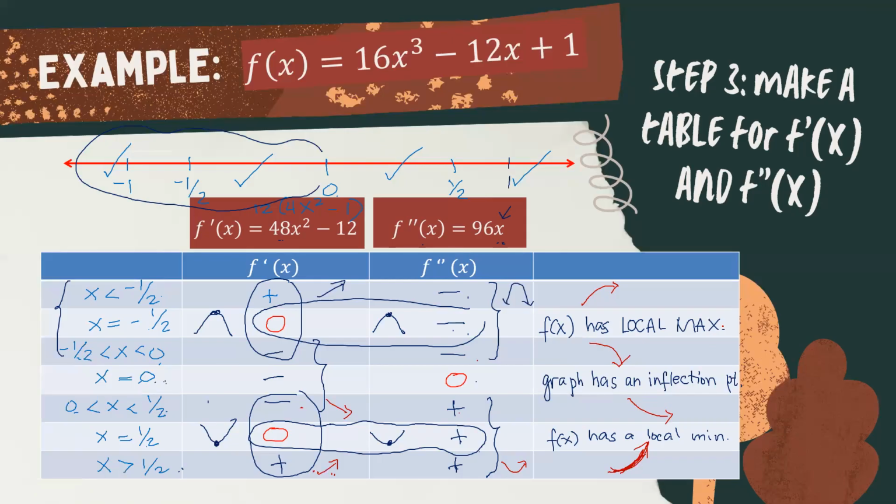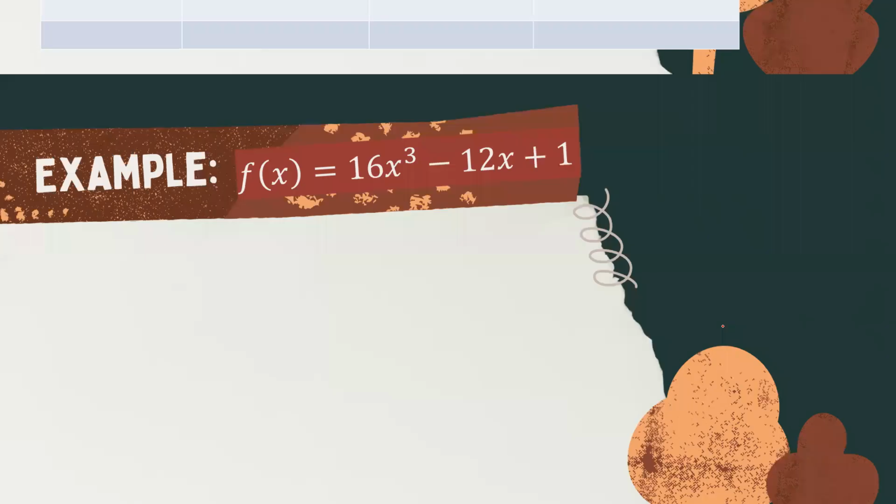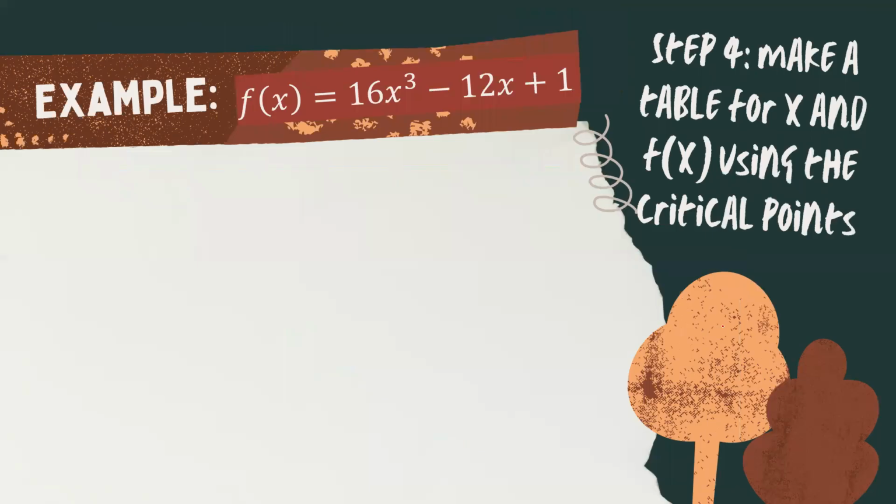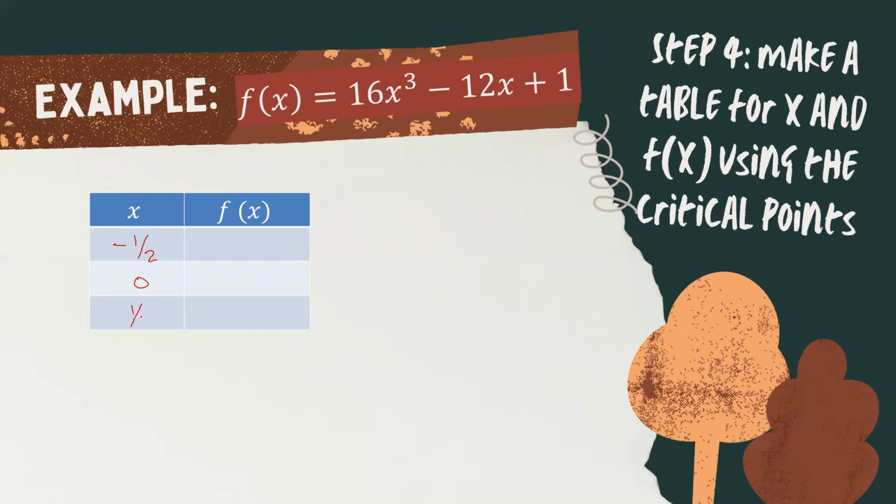Yun. Tingnan natin ngayon yung susunod, yung step 4. Step 4 will be to make a table for x and f of x using the critical points. So, ang critical points natin, si negative 1/2, 0, tsaka si positive 1/2. So, kapag 0, that will be 1. Yun yung mabilis, no?